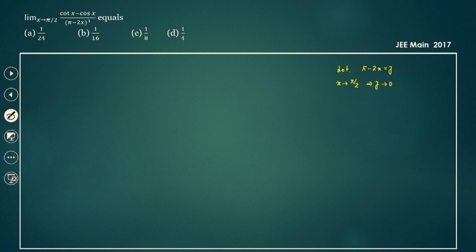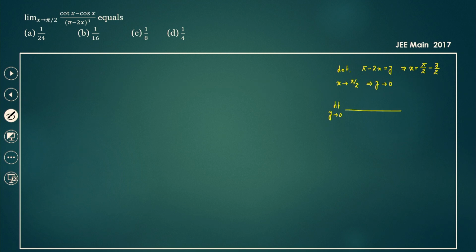And from this line we can say that x is equal to pi by 2 minus y by 2. So therefore, in the given limit, let's replace it with y tends to 0.